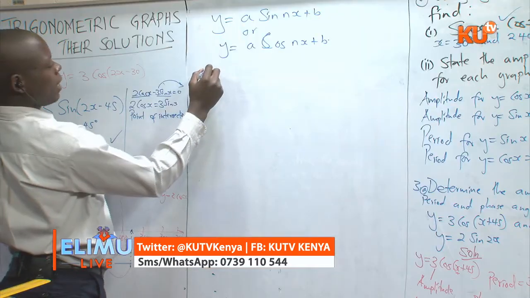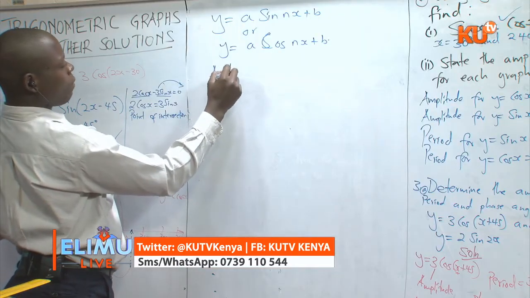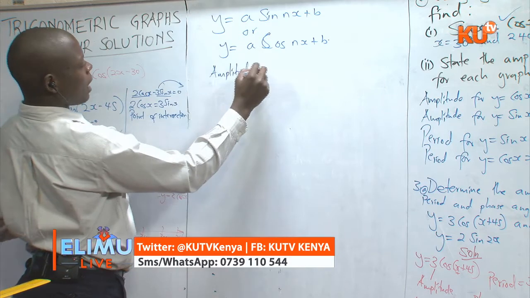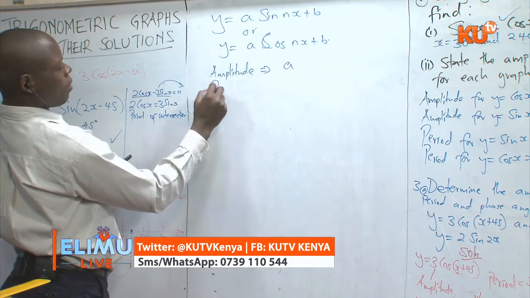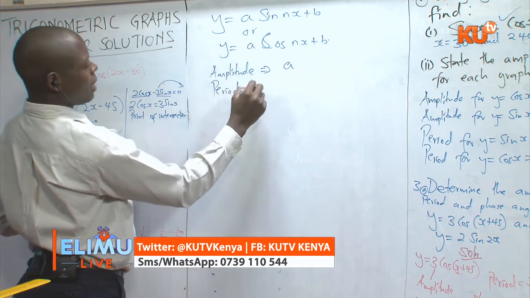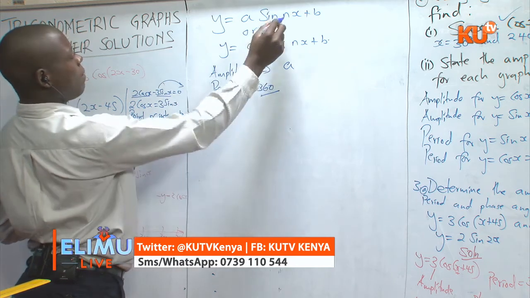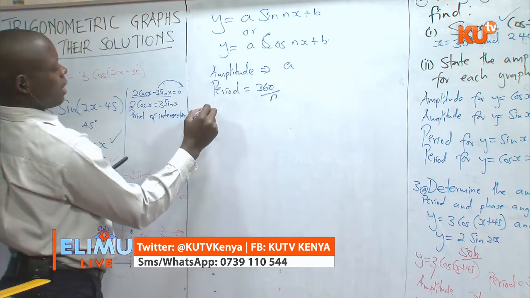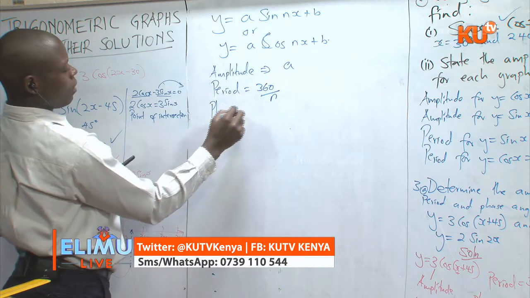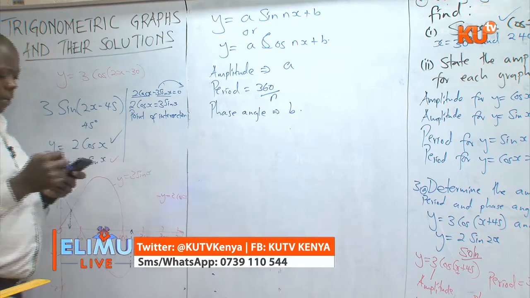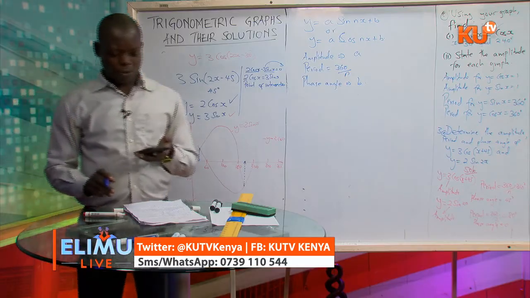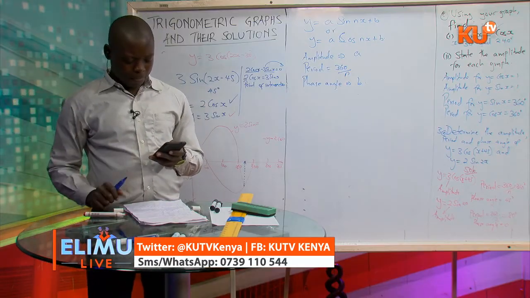And so we are saying the amplitude is always the coefficient of the sine or cos, which is a, and then the period is given by 360 degrees divided by the value of n, and then the phase angle is the angle difference, which is b. So that's how you work out Gloria's question without drawing the graph.